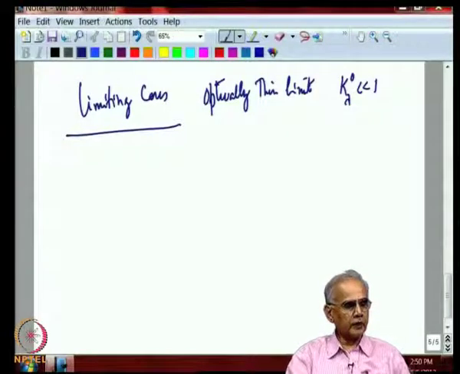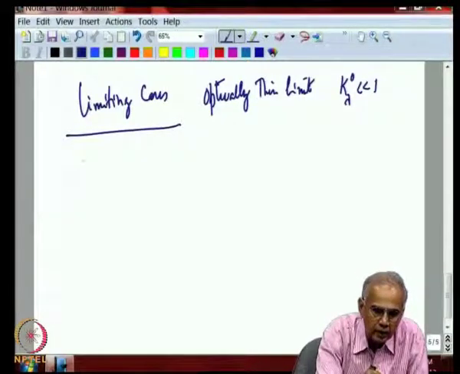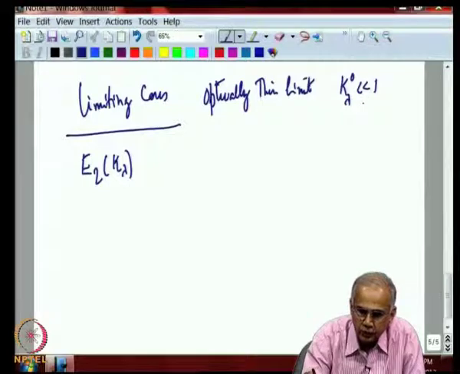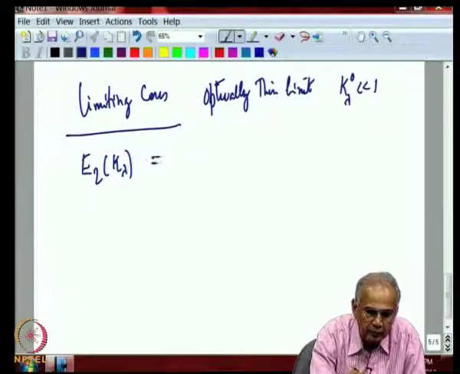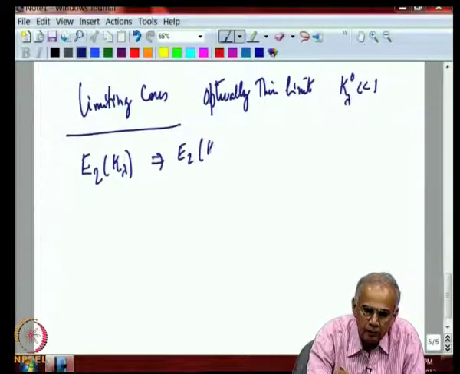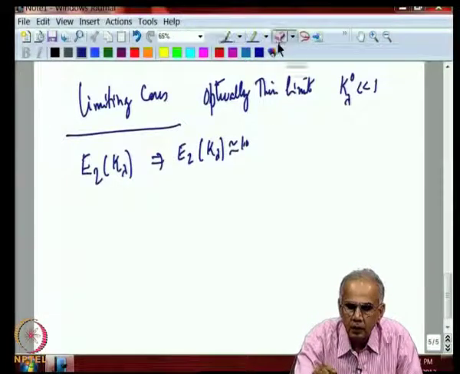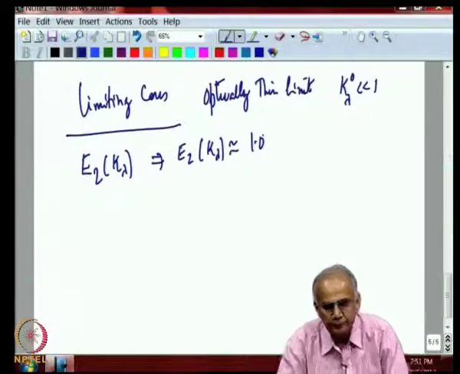Now, if we take the thin limit, the following conditions are satisfied. One can show that for small values of kappa lambda, which is going to happen because this total value is less than 1, that will imply that E2 is approximately 1. So, this is a useful approximation in the thin limit.